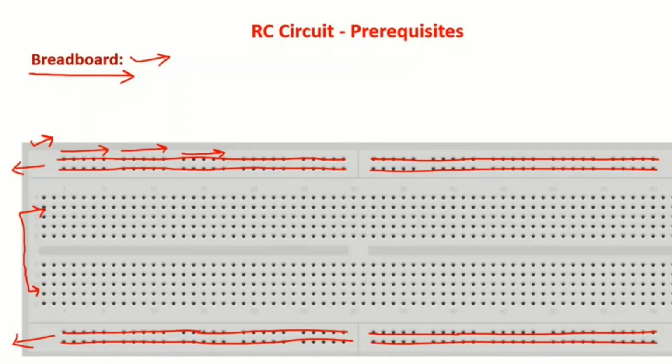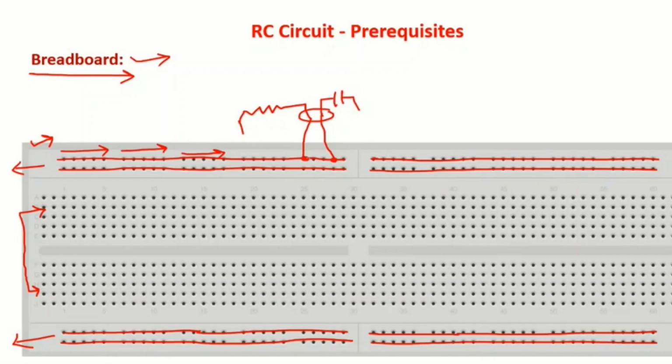Right? Now, what does that mean? For example, if I take a resistor, and I take a capacitor like this, and I want to connect these two terminals together, then I need to fix this terminal here, and the second terminal on the same horizontal line somewhere.